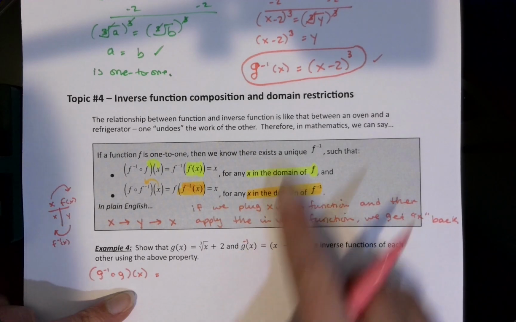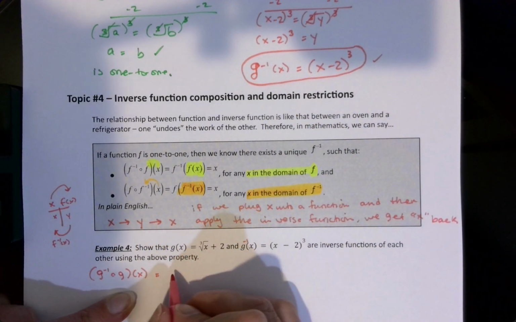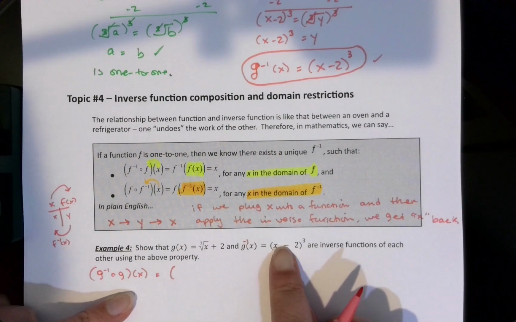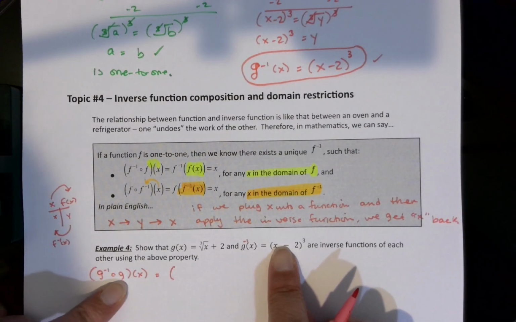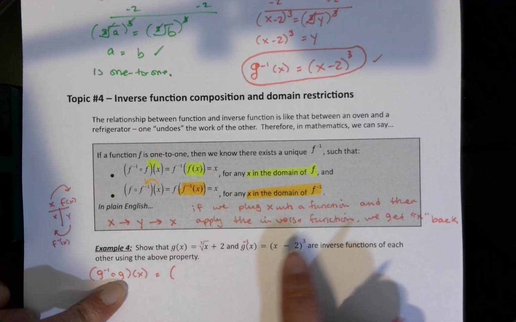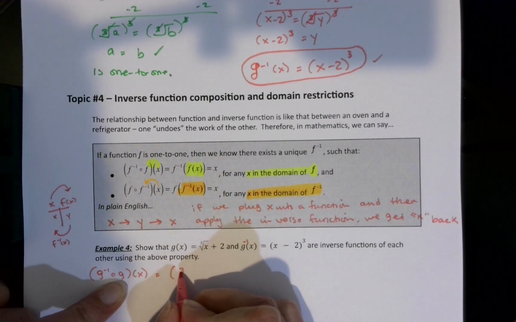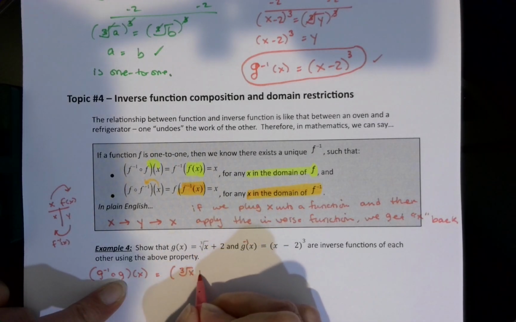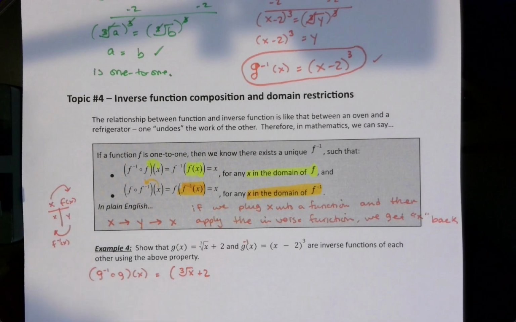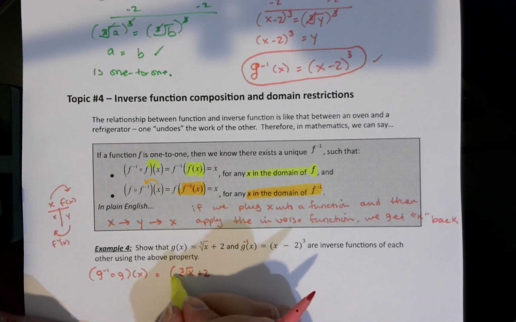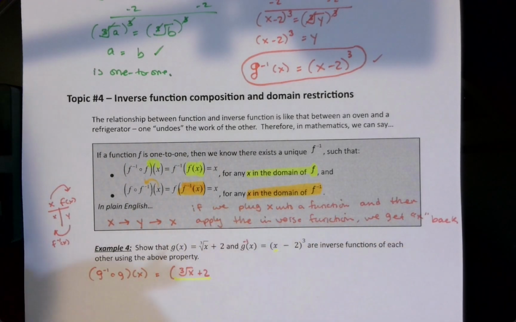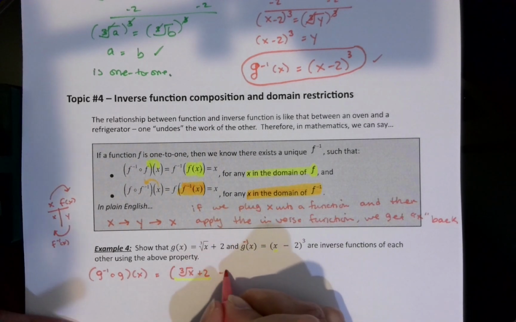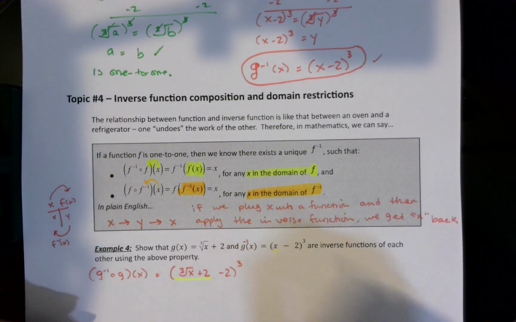So the g inverse function will be our outer function. Into that outer function, we're going to plug the g of x function. So in place of x, we will have the cube root of x plus 2. All of that right here is in place of x. Then minus 2 and cubed.